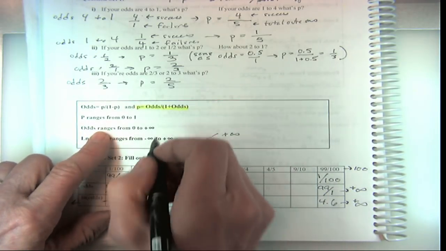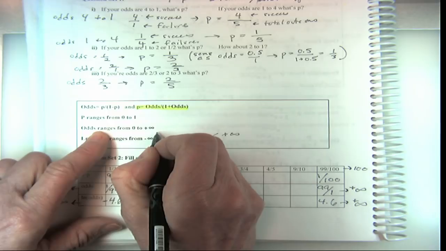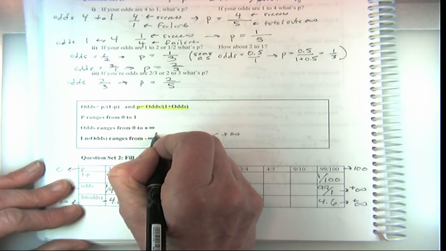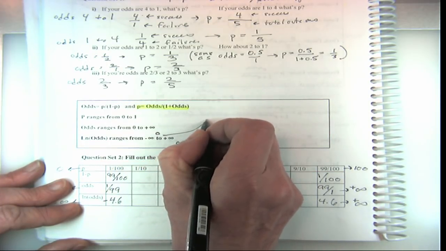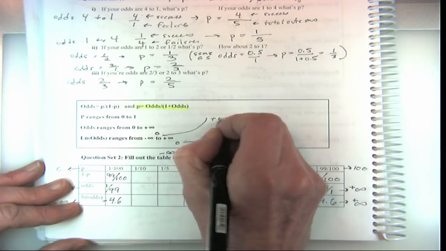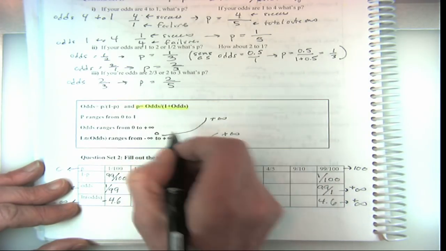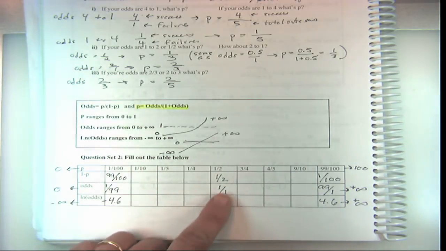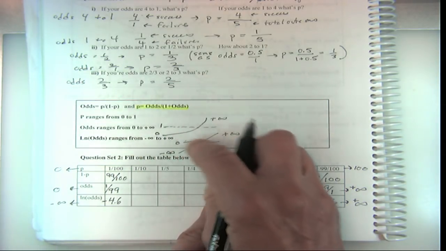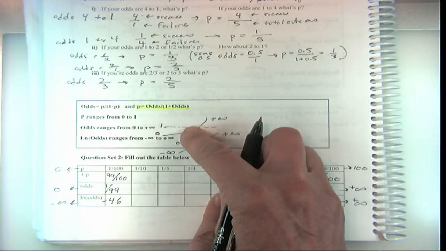And the odds range, this is that exponential curve, and it ranges from 0 to positive infinity, right? And right at 1 is where you have a 50-50 chance, 0 and 1.